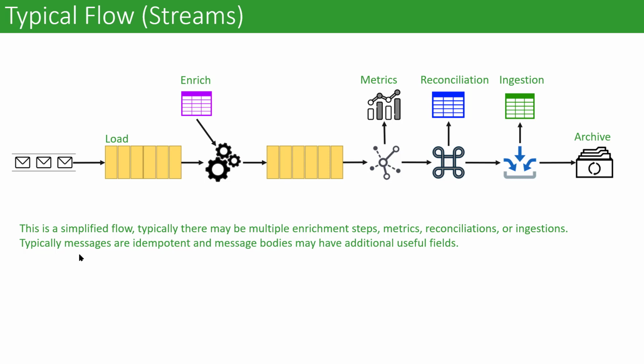And then we may use an aggregator. That's what that next symbol is. And we may, from there, produce metrics. From those aggregates, we may need to pull out who's the winning bid. What's the balance of your bank account? What is the state of a CNC machine? Is it in the idle state, the happy state, the unhappy state? Right? Is it working on something? Is it broken? Is it off? Those are all reconciliation things.